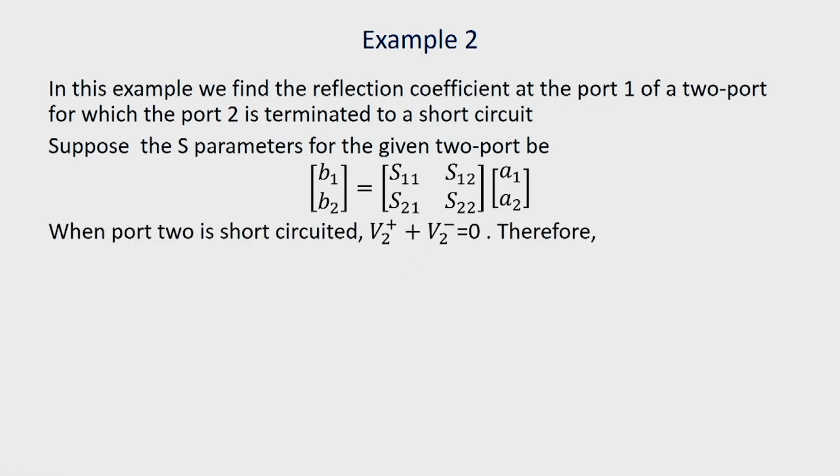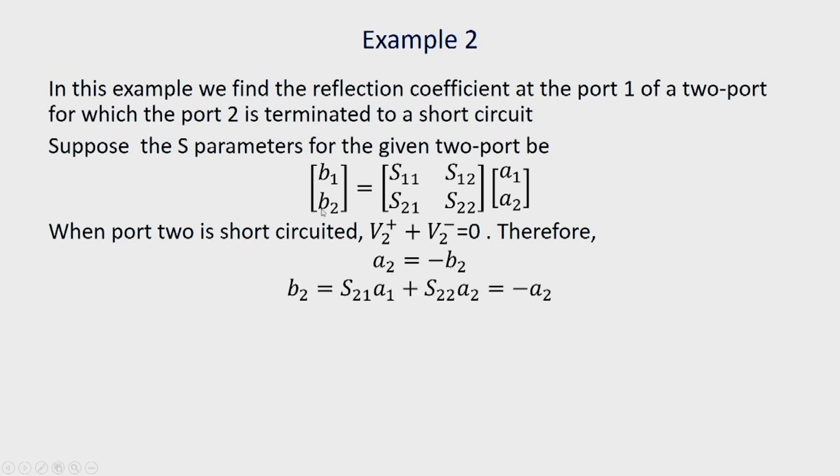So, when we put a short circuit at port 2, V2 becomes 0, and V2 is V2 plus plus V2 minus. So, when this term becomes 0, essentially A2 becomes equal to minus B2.